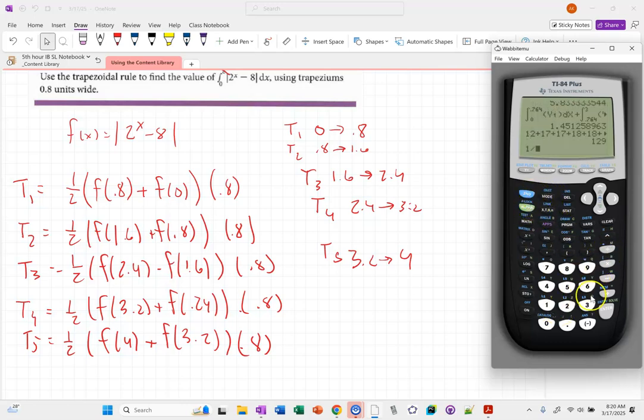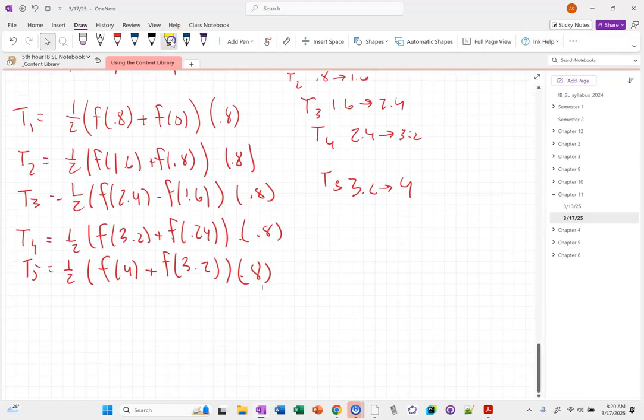So now I'm going to do 1/2 of Y-VARS function y1 of 0.8 plus Y-VARS function y1 of 0, and then times 0.8. And you know what I'm going to do to make this easier on myself? Notice that every single one of these quantities has a 1/2 times 0.8.